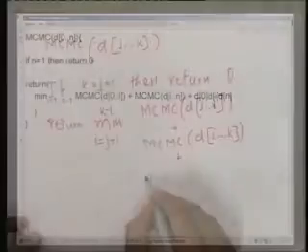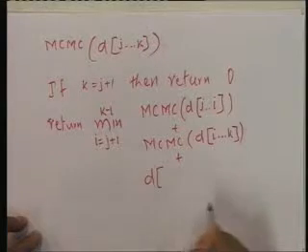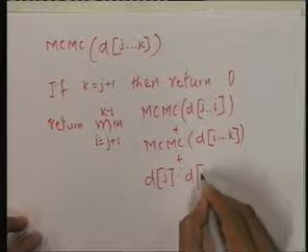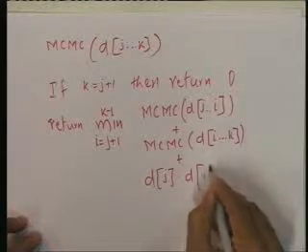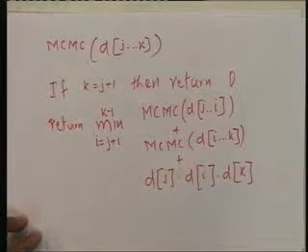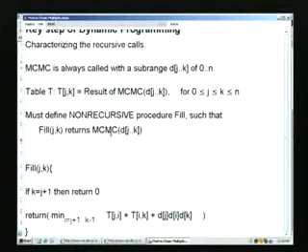So, we are going to get d of j times d of i times d of k. So, this is the value that should be returned by fill.